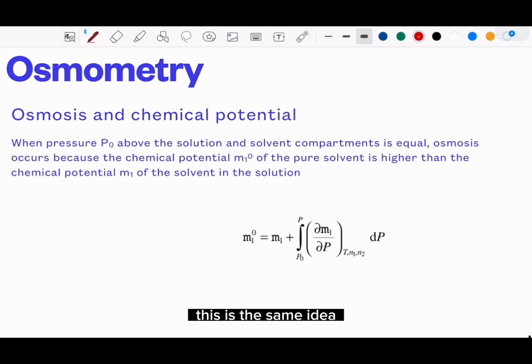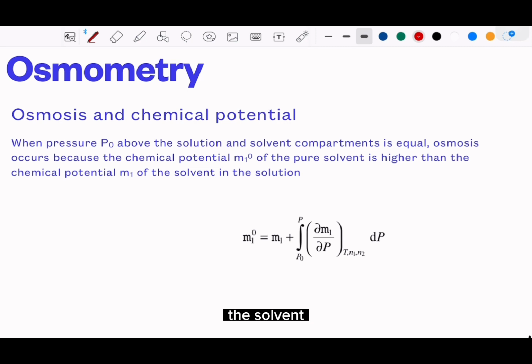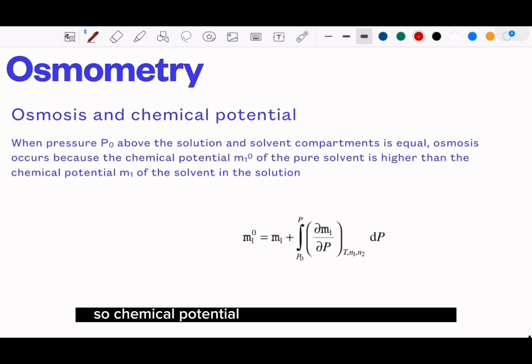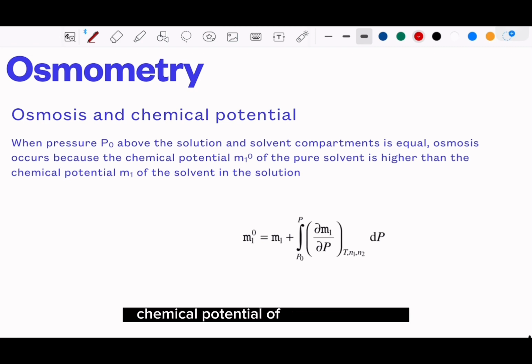This is the same idea as the chemical potential from the polymer solution before. Simply, this is the integration from P0 to some P. We are going to integrate mu1, which is the chemical potential of the solvent in the solution. And mu1 zero is the chemical potential of the pure solvent.